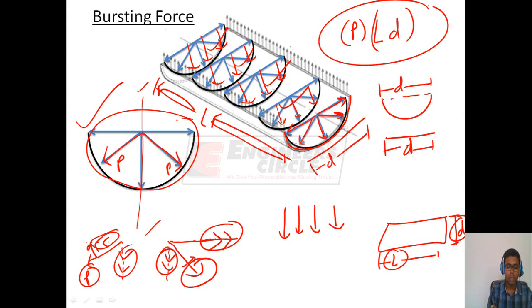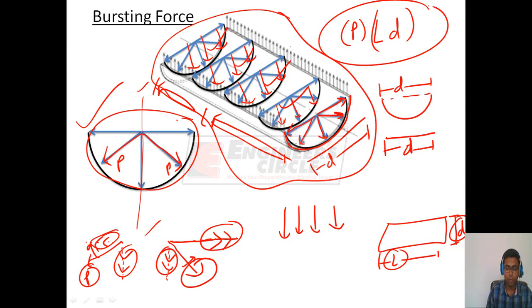Now for this hemi-cylinder to remain in equilibrium, the bursting force given by pressure must be equal to the resisting force given by the sigma theta. We have already found the resisting force as 2 sigma theta TL. So for equilibrium we equate them. Resisting force is equal to bursting force.